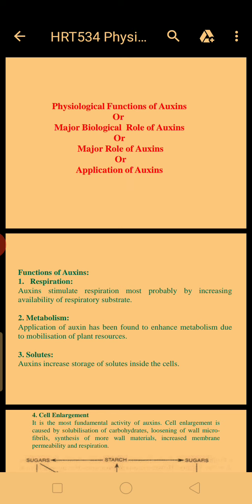When sugar moves from one place to another, some salt also goes with it, so osmotic pressure will increase. Once the osmotic pressure of the cell increases, its water potential will decrease, meaning it will try to acquire water from the nearby cells. So finally endosmosis will take place, and mobilization of different materials will take place.